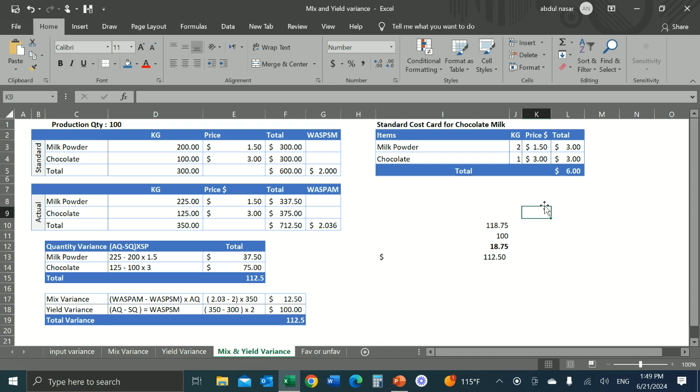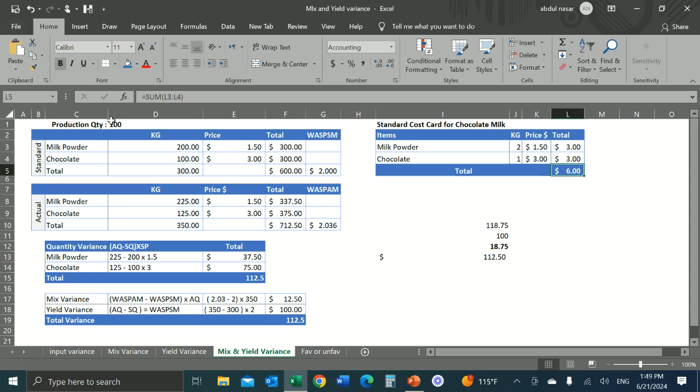I have no idea how to make chocolate milk, but I'm just taking the numbers. The standard price of milk powder is $1.50 and the standard price of chocolate is $3. So you need 2 multiplied by 1.5, $3 of milk powder and $3 of chocolate. So you need a total of $6 of raw material to make 1 unit of chocolate milk.